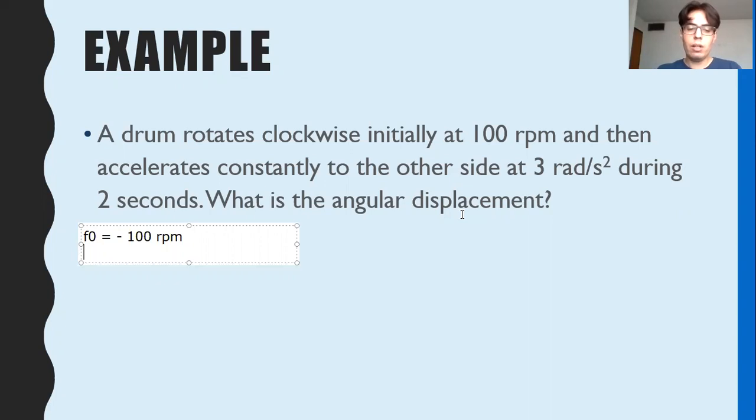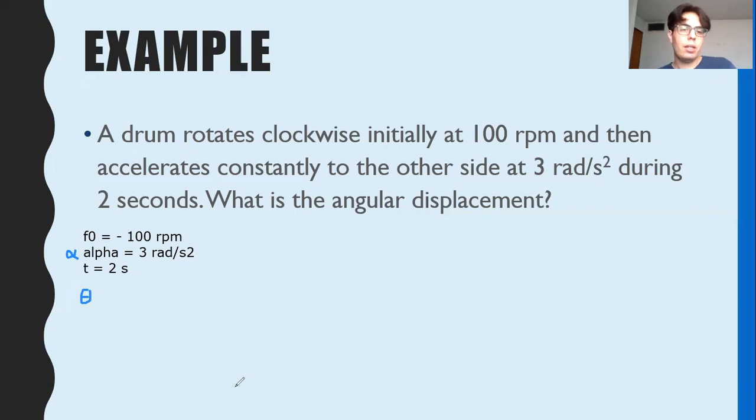We're gonna have an angular acceleration, alpha, of 3 radians per second squared. And we have a time of 2 seconds. And they are asking us about the angular displacement. That is theta. We also know alpha is gonna be this other sign.